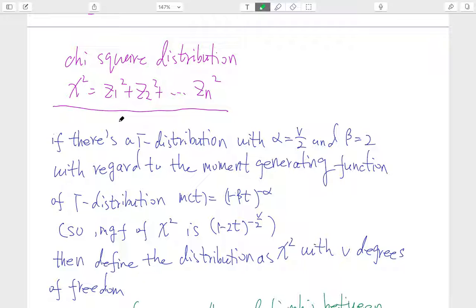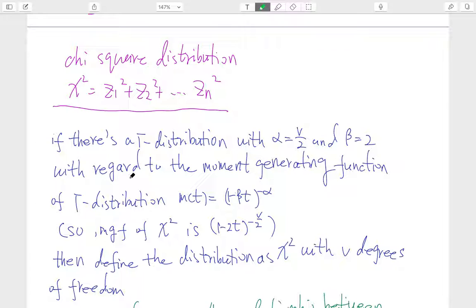I said that it is very important and useful in some practical usages, and one of the examples will be to prove that the chi-square distribution is actually the sum of n independent, identical standard normal distributions. The squares of these distributions add up together, they will become a new distribution called chi-square distribution. And in this video, I'm trying to explain the procedures of the proof of this statement.